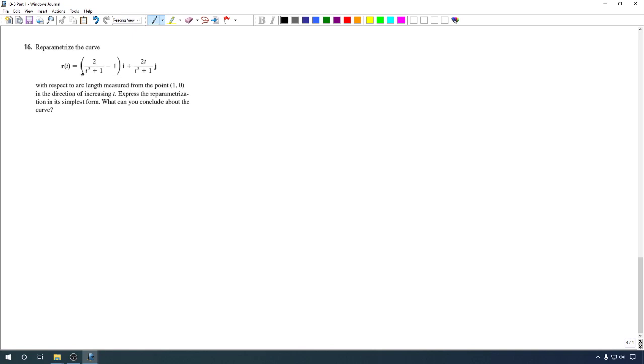The first thing we need to note is, what is our starting value of t? They gave us the point (1, 0), and we want to figure out what value of t in this parameterization corresponds to the point (1, 0). Now, they did pick one that makes it a little easier for us, so we can kind of guess this one.